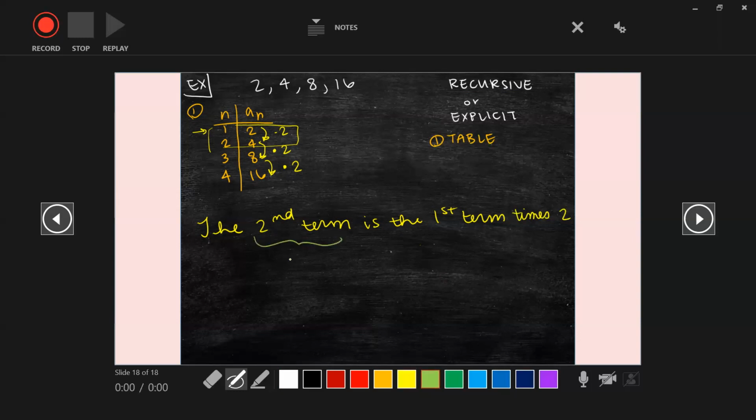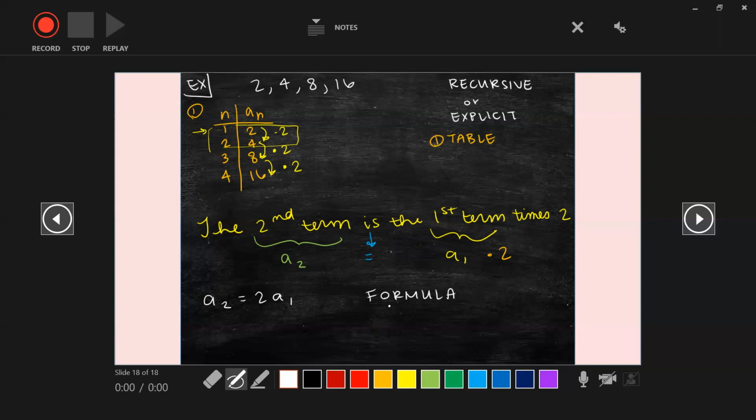So the second term is the first term times 2. So we could write that as a sub 2 is equal to 2 times a sub 1. We know how to create a formula based off of this, right? Josh is nodding yes. What is going to be my formula?